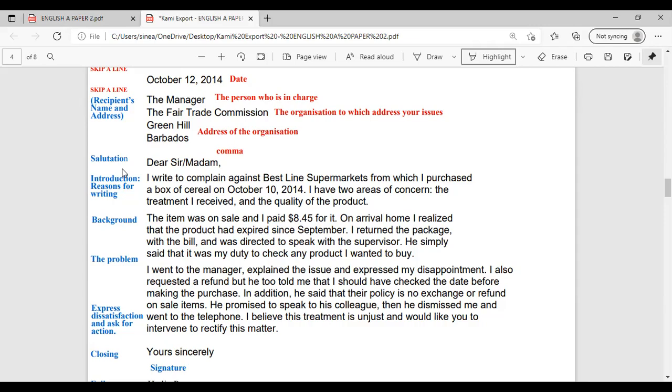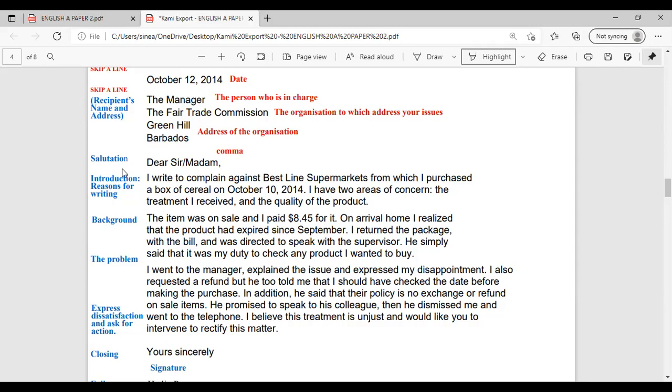The reason for writing. Paragraph 2 gives some background information. The background information will be that the item was on sale, and you put how much money you paid for that item. You give some details on arrival home: I realized that the product had expired since September.